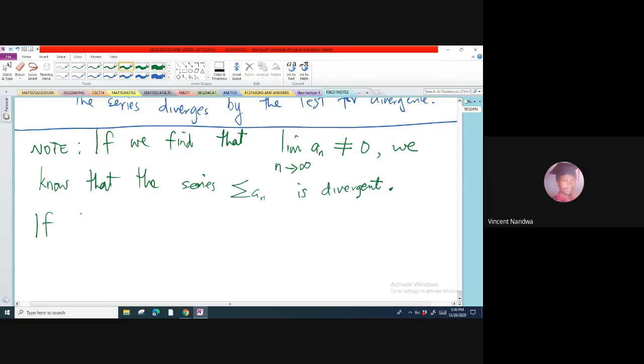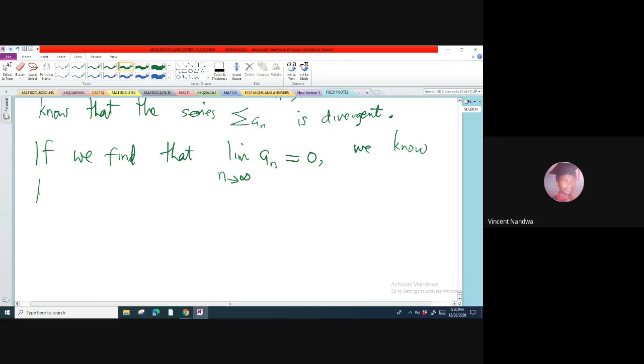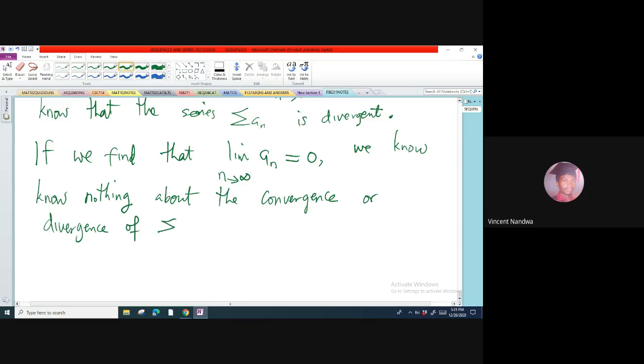If we find that limit as n approaches infinity of an equals 0, we know nothing about the convergence or divergence of the series.